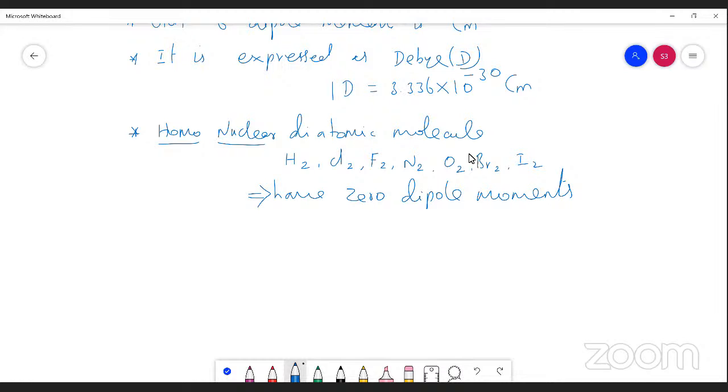So hydrogen, chlorine, fluorine, nitrogen, oxygen, bromine, and iodine are homonuclear diatomic molecules. They have zero dipole moments because all of these molecules are non-polar covalent molecules.